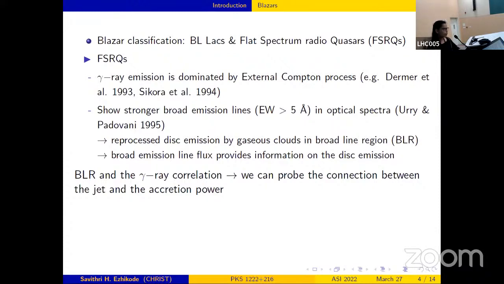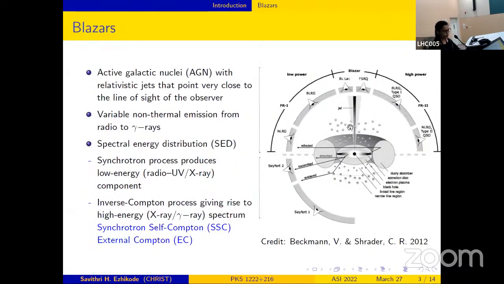And these broad emission lines in the optical spectrum arise from the BLR region by the photoionization of the gaseous clouds in the BLR by the radiation of the accretion disk emission. In the case of blazars, the optical continuum is actually dominated by the emission from the jet, and we do not have a direct view of the accretion disk.